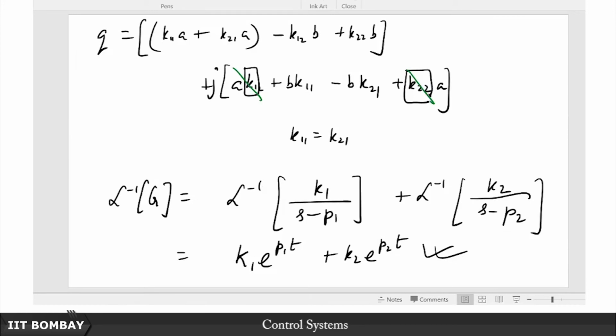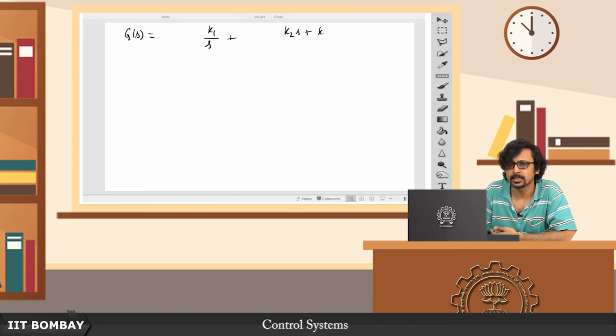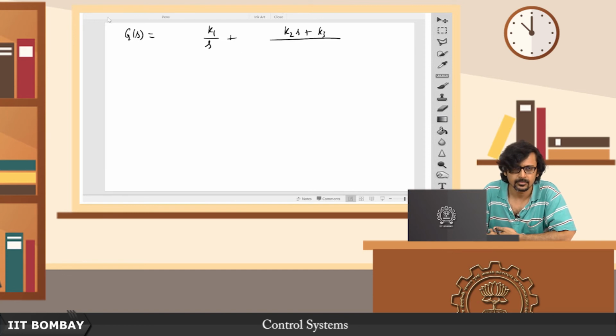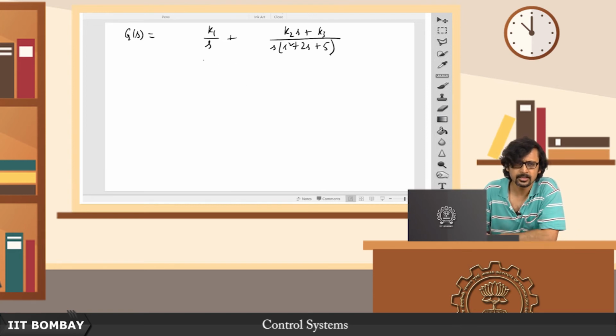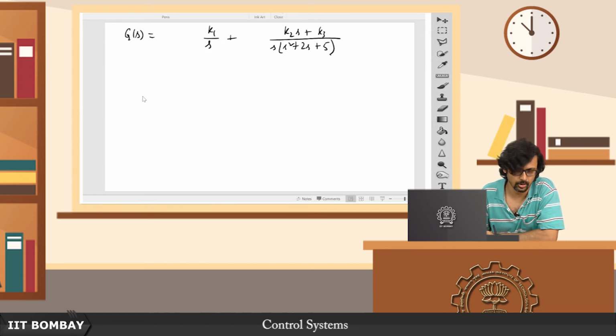So the general expression then for this will be like G(s) is equal to K1 upon s plus (K2 s plus K3) upon, what is the denominator, s into s squared plus 2s plus 5. Right. So now if we have already found K1 from here, it does not make sense to keep this as an unknown, right.